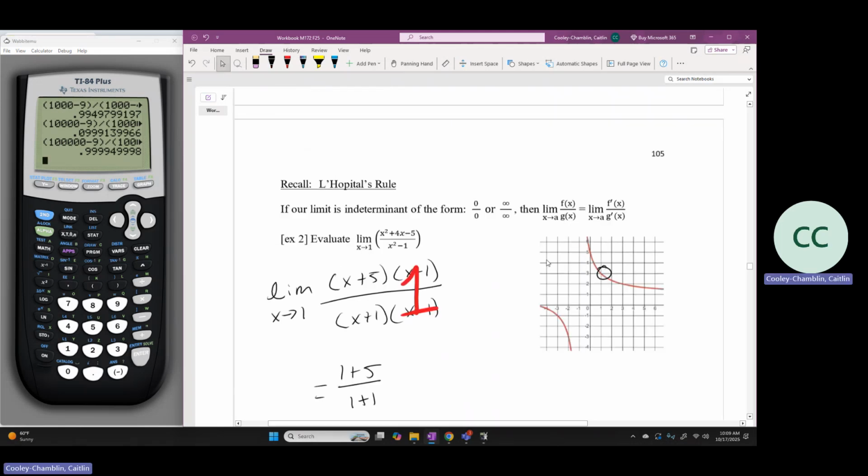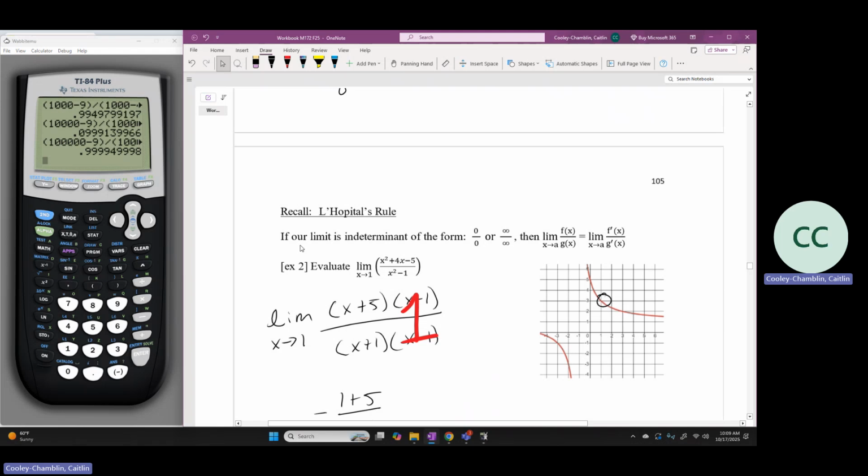Okay, so coming up to L'Hopital's rule, it says recall, but you guys might not have learned it before. Some of you have. It says if our limit is indeterminate of the form, guys, this is a really big deal. It has to either be 0 over 0 or infinity over infinity.